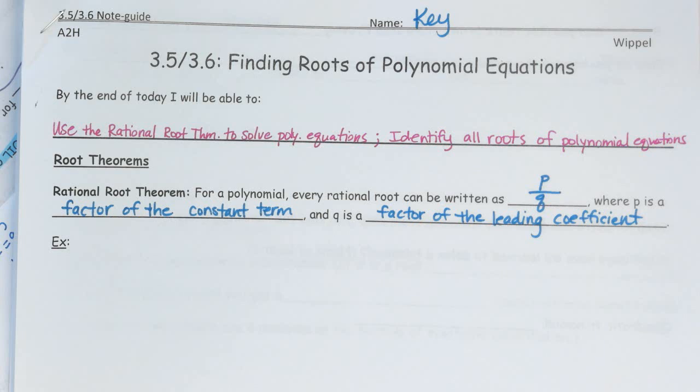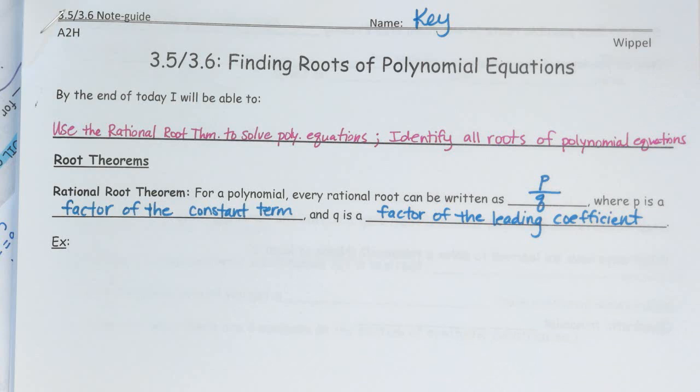Does it do the touchback? Because those indicate the multiplicity, right? So there are multiplicities of roots that contribute to the number of roots that a polynomial has.